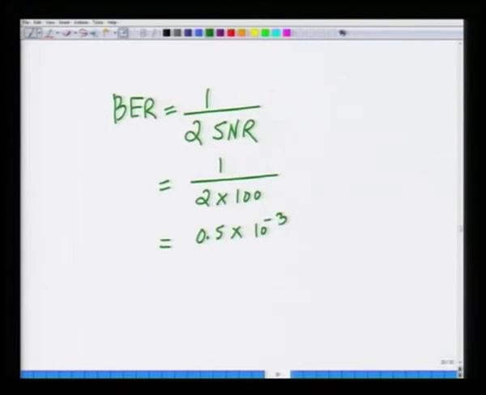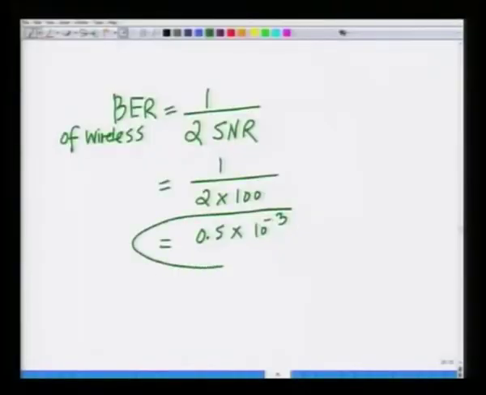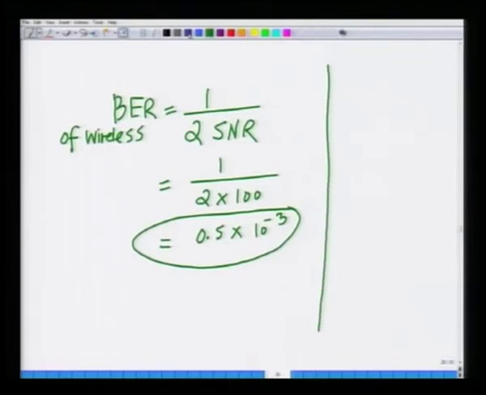So, the bit error rate of wireless at an SNR of 100, or 20 dB, is 0.5 into 10 power minus 3. Now, compare this with that of a wired or wireline communication system.